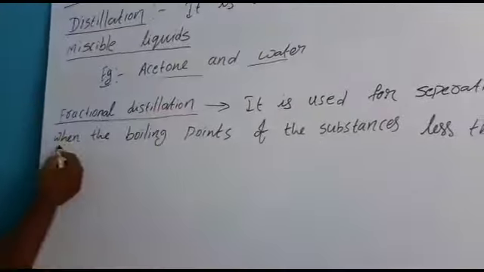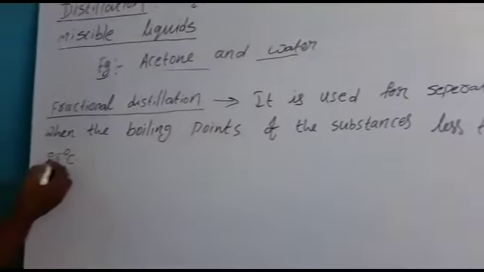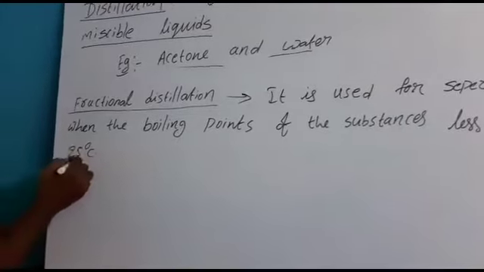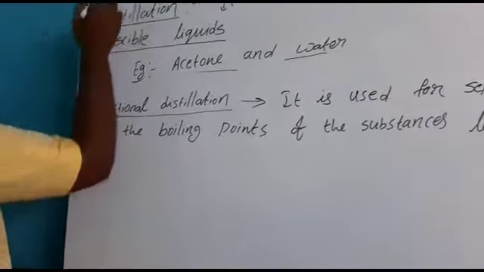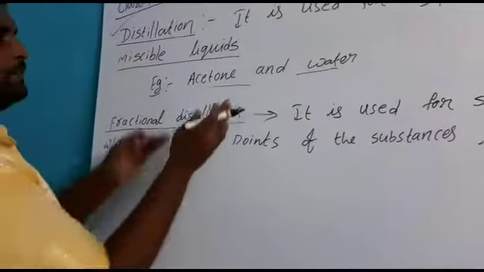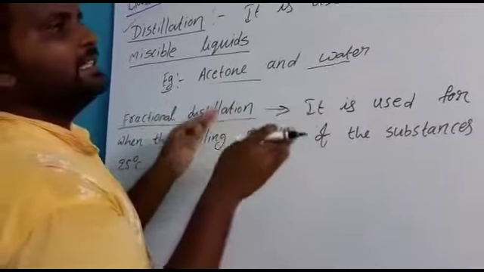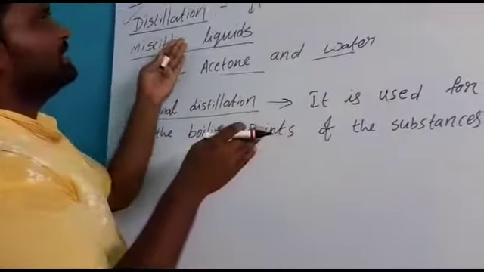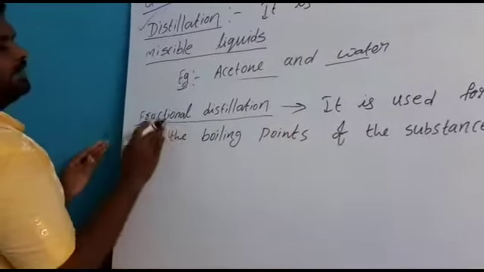It is used for separating substances when the boiling points differ by less than 25 degrees Celsius. If it is more than 25 degrees Celsius, we can use the distillation process. If the difference is less than 25 degrees Celsius, distillation will not work out. In that case, we can use fractional distillation.